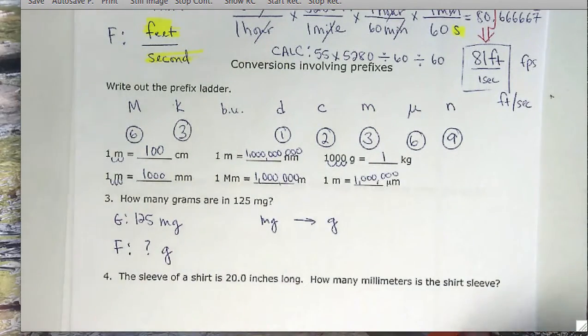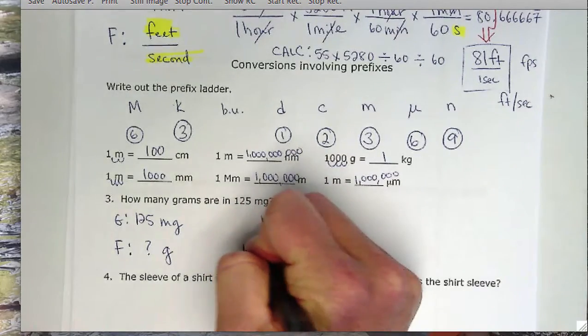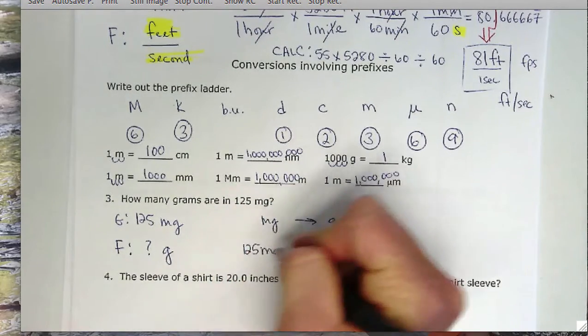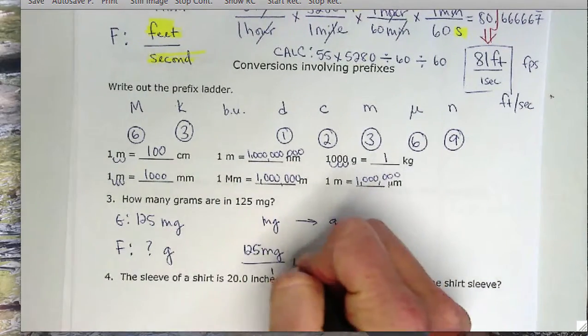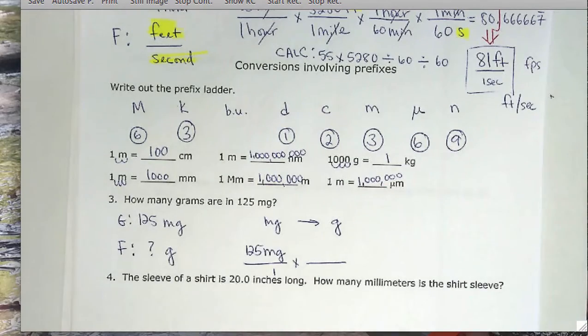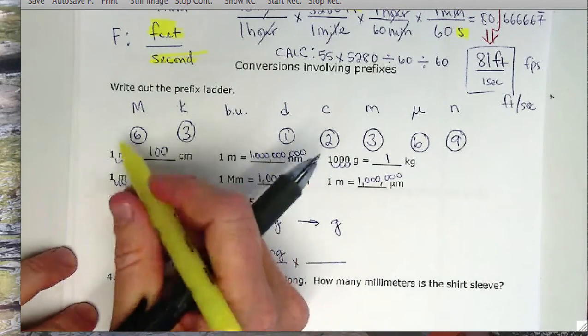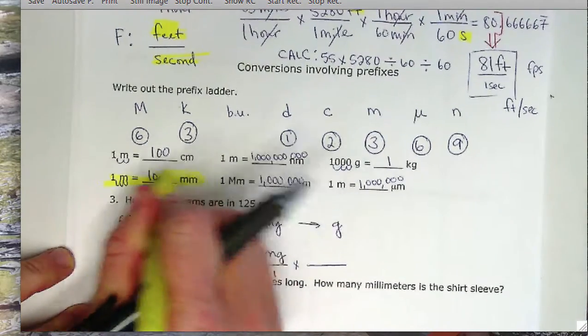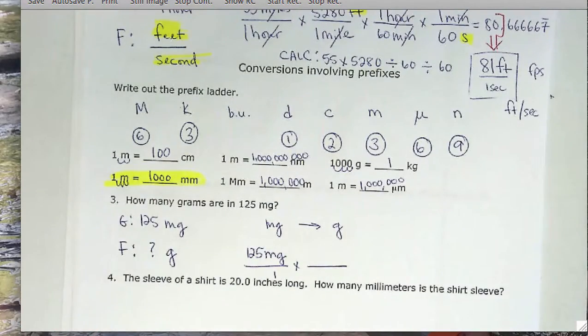So our starting quantity would be 125 milligrams over 1. And then we would use this conversion factor, but our base unit isn't meters, it's going to be grams.